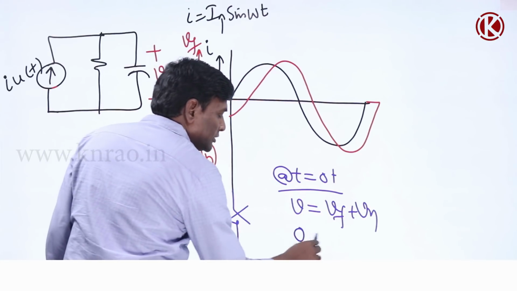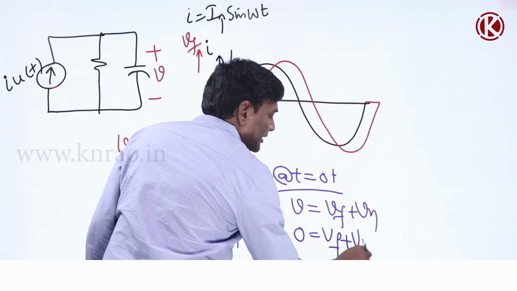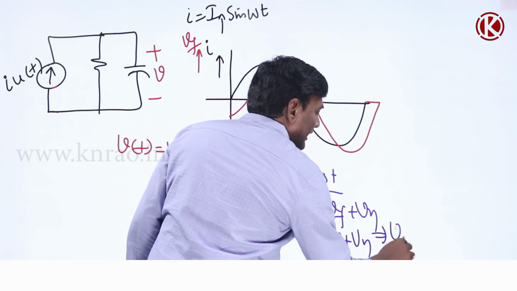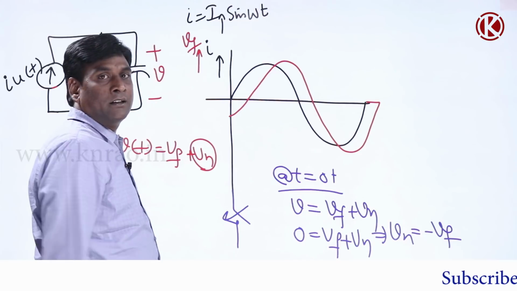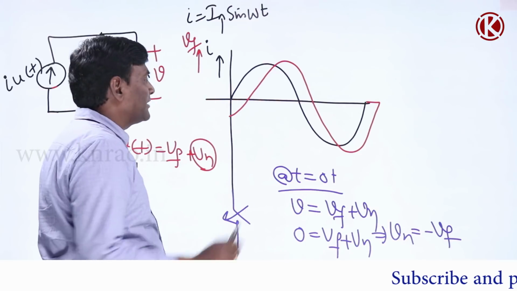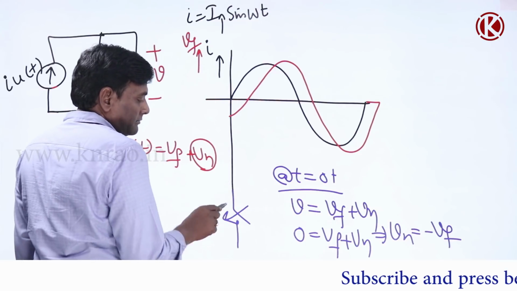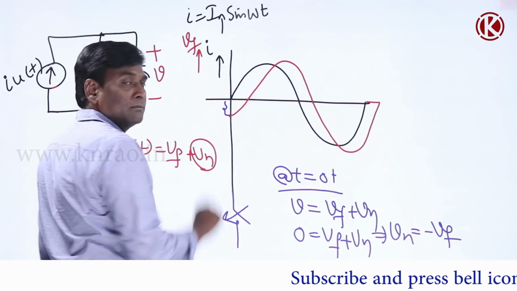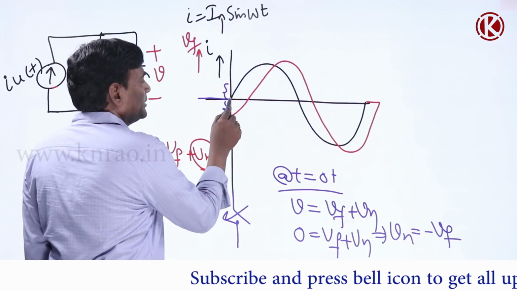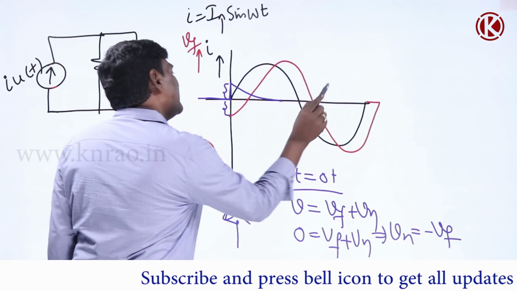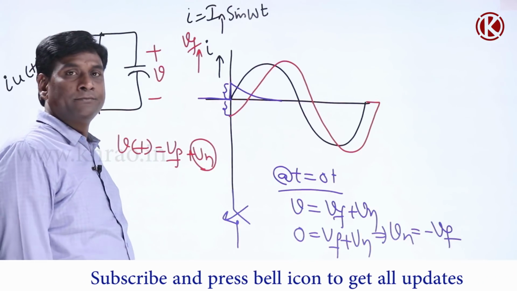The total response is 0, which is forced plus natural, or I can say the natural response is going to be minus of forced at that instant. From then onwards, an exponentially decaying function will be there. So this is going to be the forced response, and the same amount of natural response should be there, which will decay slowly, exponentially.